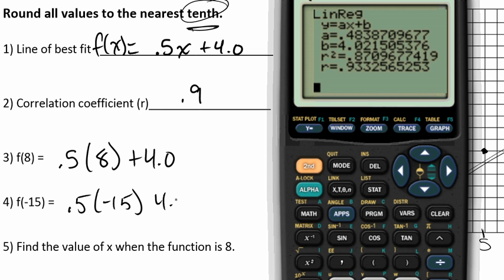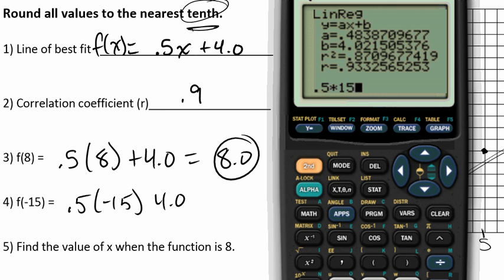So for the first one here, 1 half of 8 is 4. 4 plus 4 is 8. So this would give me a value of 8.0. So when x is 8, this function produces 8. That's bizarre. The next one, 0.5 times 15 is 7.5, right?